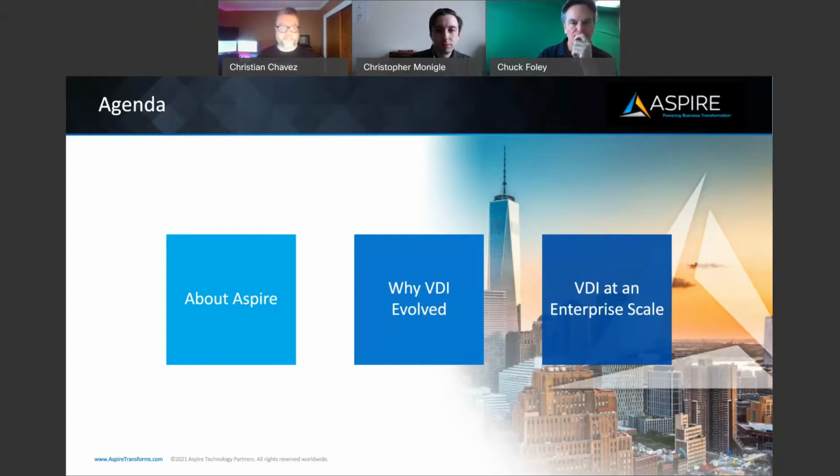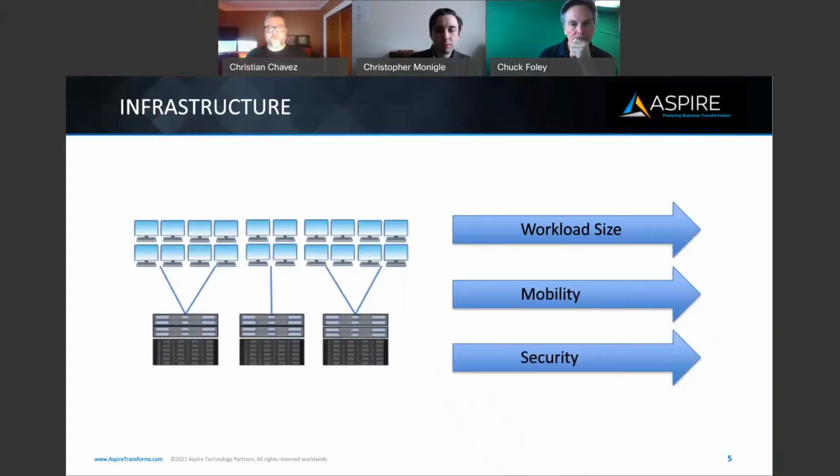The first thing we want to bring to top of mind is the infrastructure. The underlying infrastructure that supports VDI is the crucial piece. Previously I said that when we were doing VDI before, we were starting to do POCs and POVs. Businesses were starting to dip their foot into VDI.